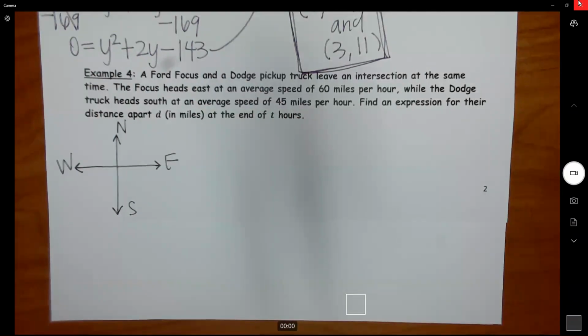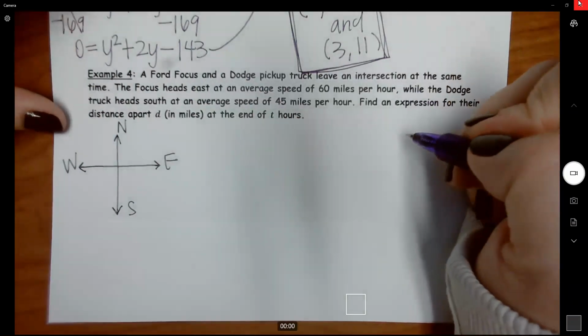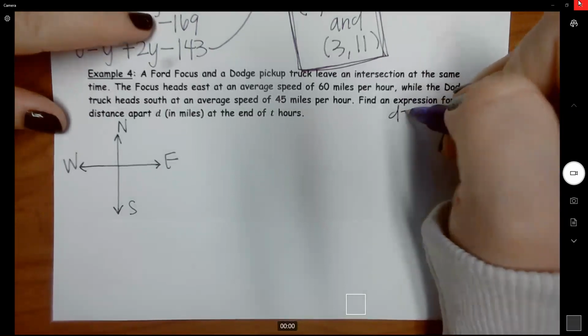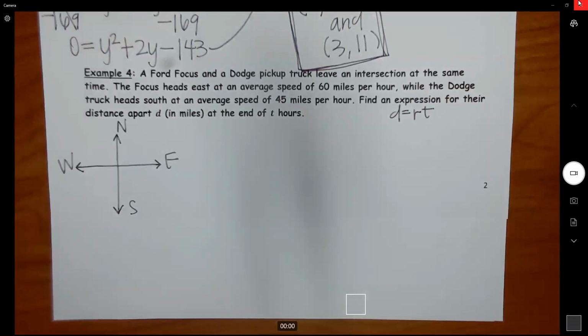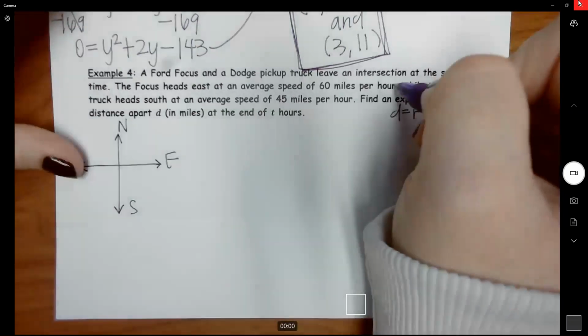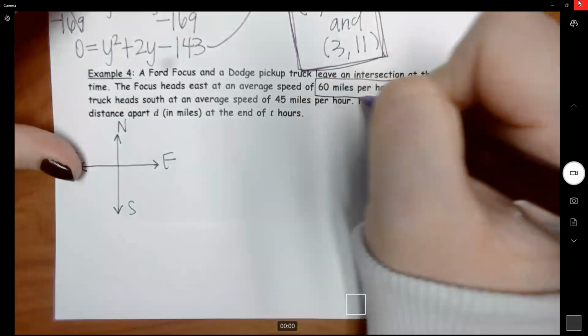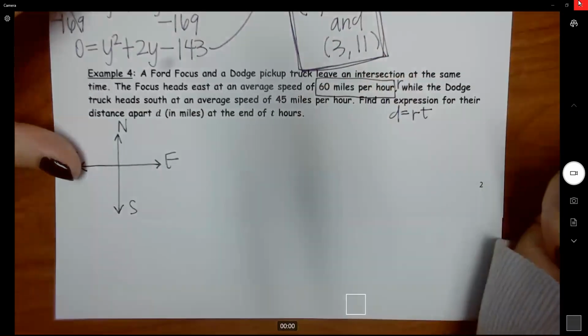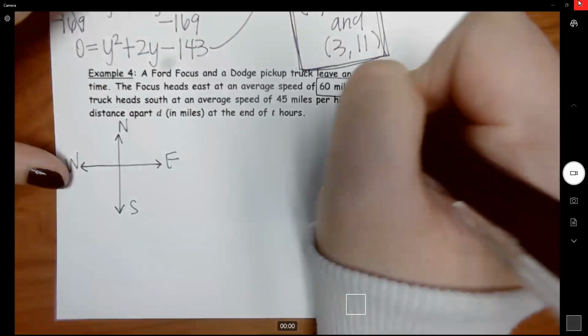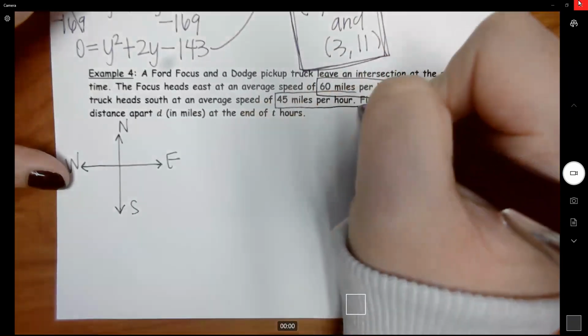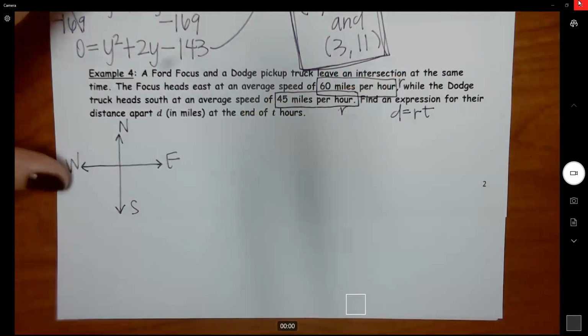With this, I need to know my formula for distance, which is rate times time. These right here are telling me my rate: 60 miles per hour, and then 45 miles per hour.